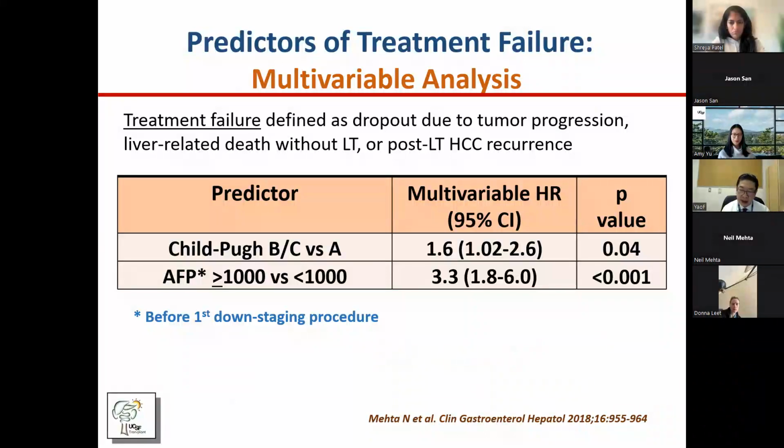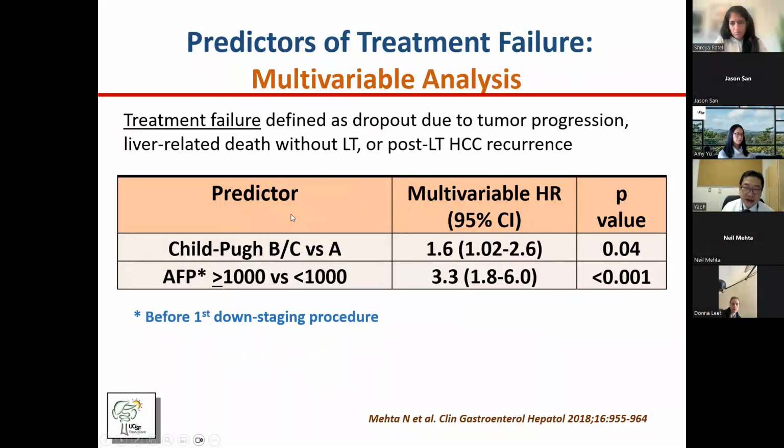This is a separate study performed by Neil Mehta, looking at 3 centers in Region 5. Our goal for this study is to really look at factors that predict treatment failure, which we define as dropout because of tumor progression, liver-related death without transplant, or post-transplant HCC recurrence.